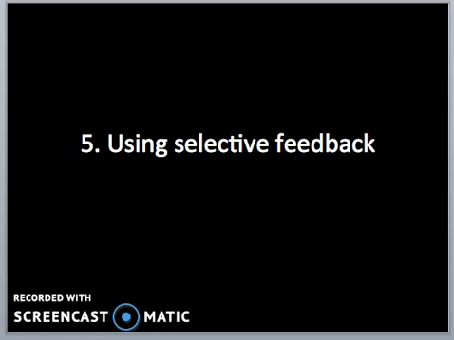Okay, another thing to consider is using selective feedback. You do not have to go over all the answers when you're giving feedback to your students. Usually when students are doing certain activities, and it happens usually when they're doing something in pairs, we have to consider that they are helping one another. Usually those who are less capable are working with those who are more capable, and they end up helping each other.